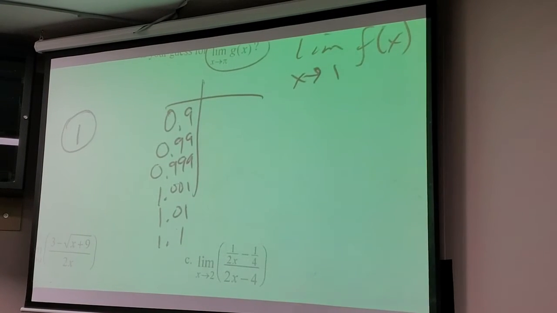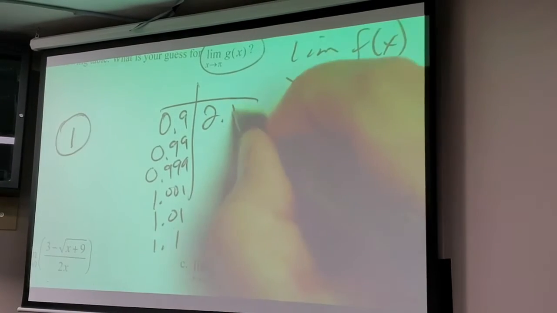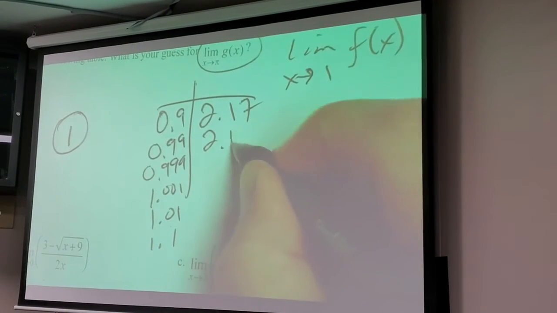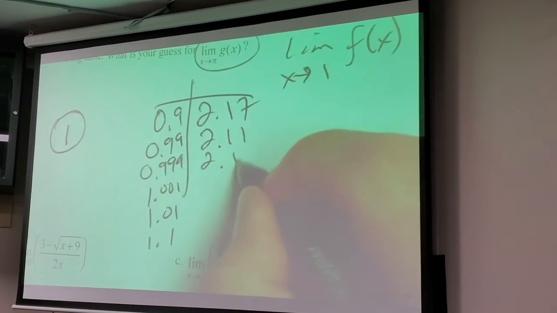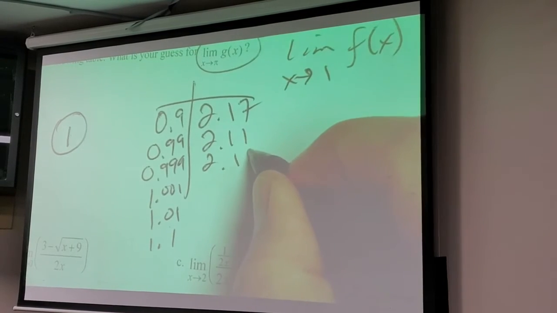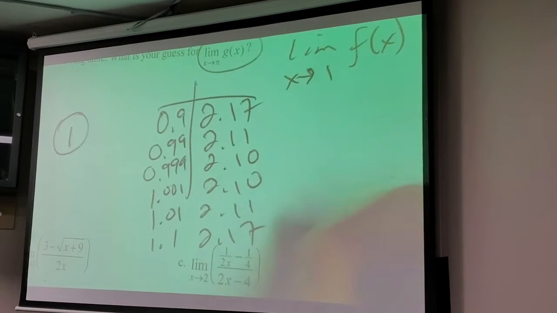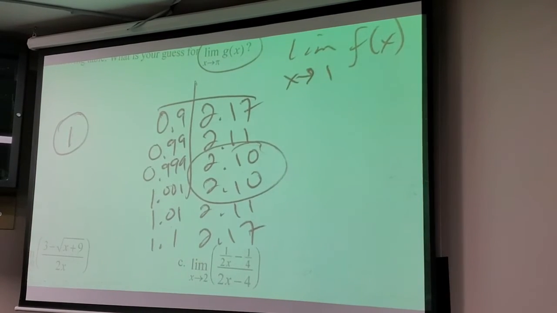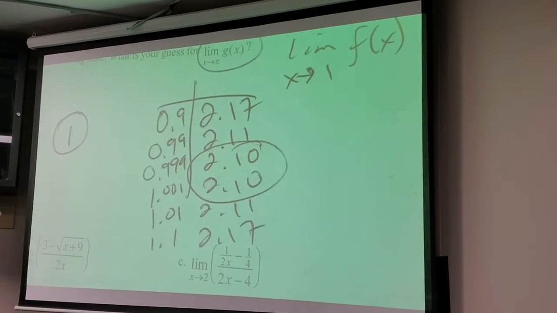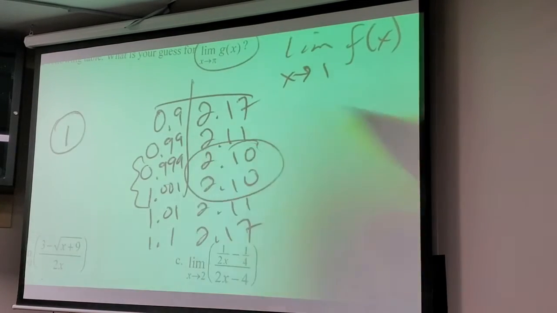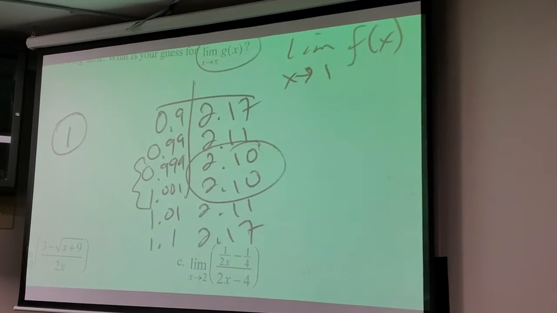And then if this is 2.10, 2.11, 2.17, then I would say that my guess would be 2.1. And I might have to make this even more detailed if I want to see really.